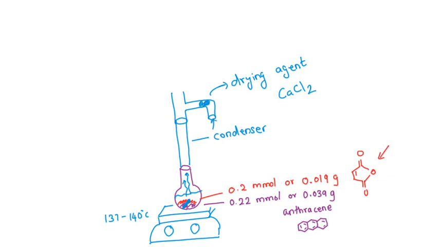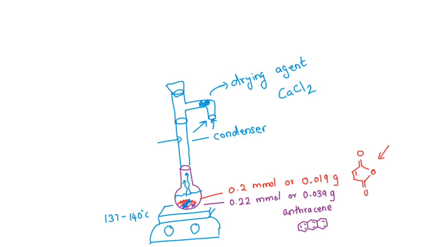If the air tries to enter this way, the calcium chloride will absorb the moisture and keep this flask moisture free. On the top, you can put a stopper on, no problem, because you have an opening here.